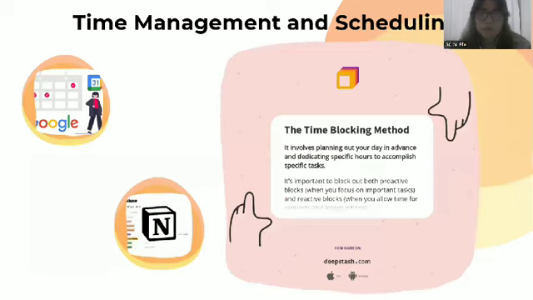Next, we have time management and scheduling. For this strategy, I recommend the time blocking method, which is here in my presentation. This method helps learners to set specific times to do specific works, so the work they do becomes more efficient.